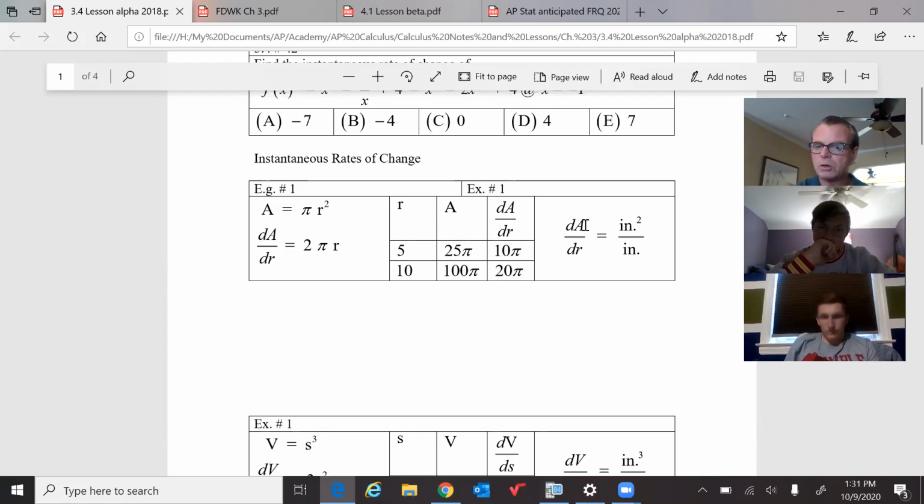And units. Ready? Now you can just think through this. The derivative, the change in A with respect to R, area is in square units and radius is in linear units.